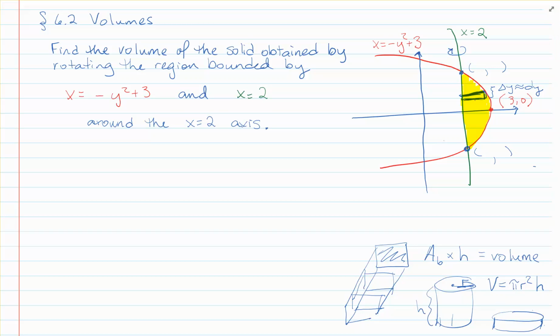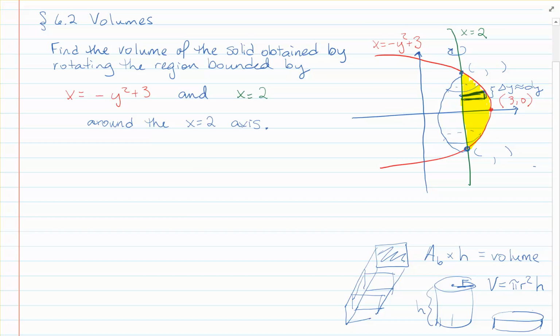So let's go back up to this problem and think about this yellow region. If we were to rotate it around the x equals 2 axis, the green axis here, what's going to happen? Well, this red curve is going to sweep out, and when it comes around flat again in the plane, it's going to look reflected over there, and as it goes around and around, it's going to sweep out a circle, and we're going to get a football-shaped three-dimensional object.